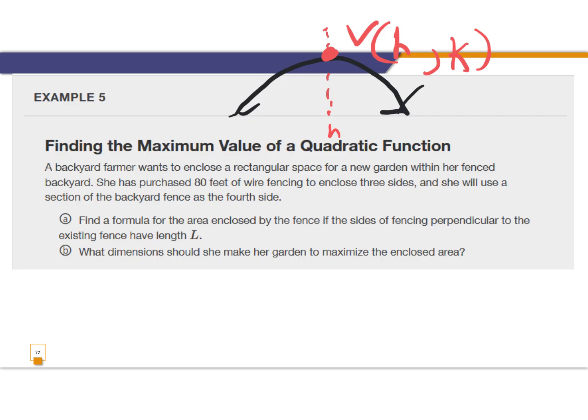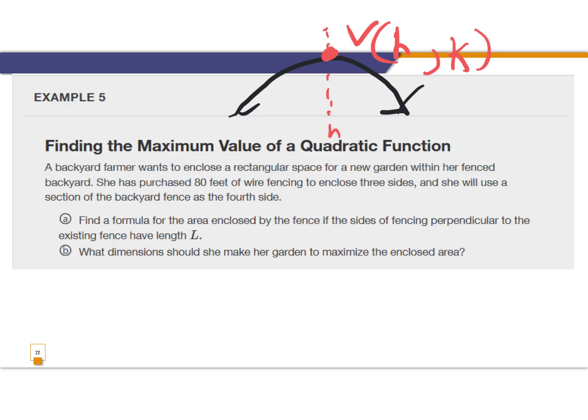Let's see what the problem is. We have a farmer. This is a backyard farmer, so he's planting stuff in the backyard or raising animals in the backyard. He wants to enclose a rectangular space for a new garden. There it is. He's planting some vegetables.